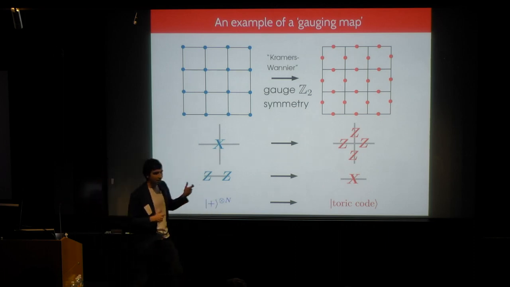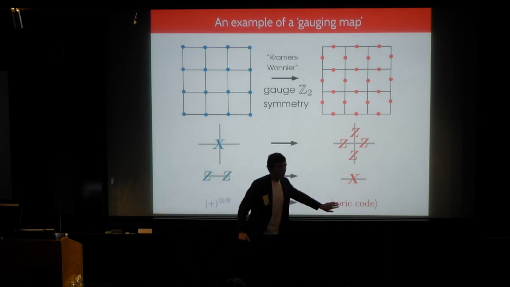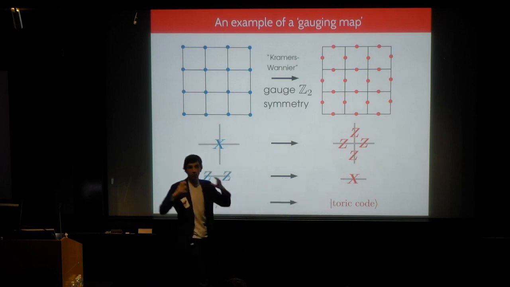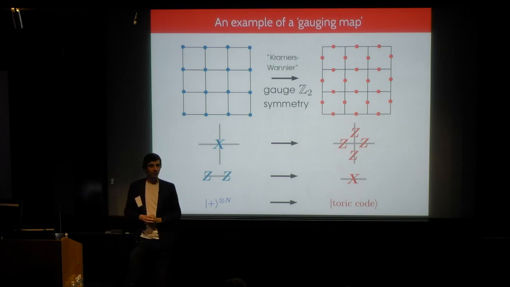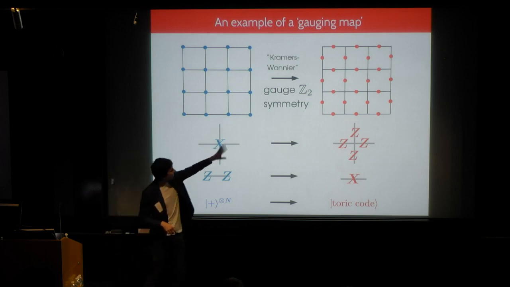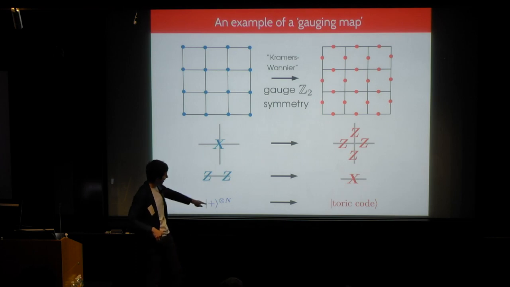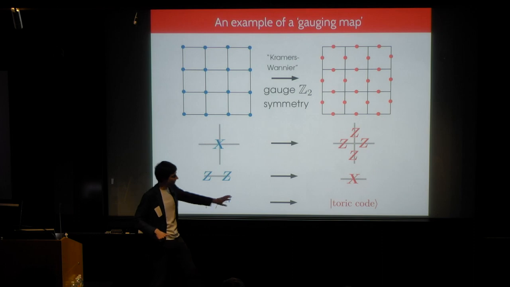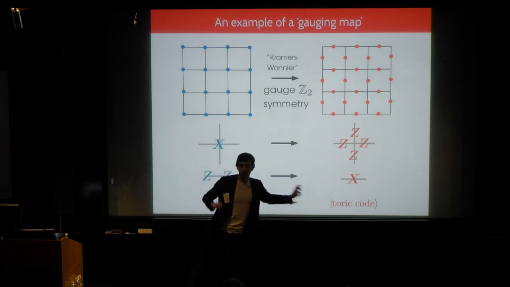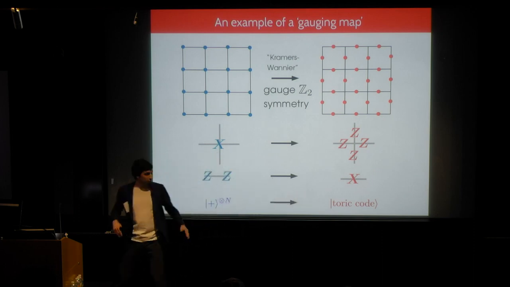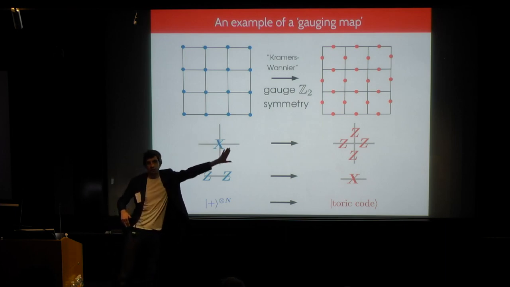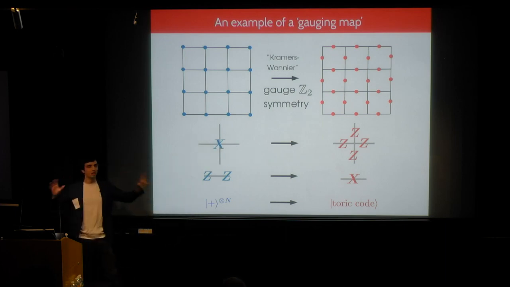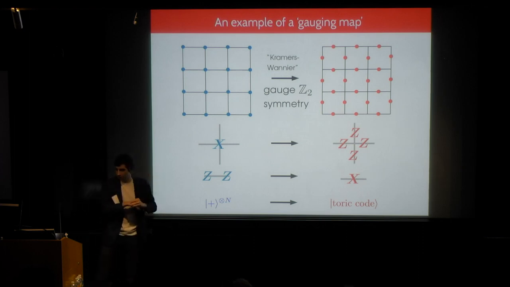Conceptually, this is related to the fact that one way of understanding the toric code is as an emergent Z2 gauge theory, similar to the gauge theories we know from fundamental physics, but for a different gauge symmetry. And indeed, that's related to this as a result of the gauging map. This is a physical symmetry of flipping all the spins, right? It's an eigenstate. And somehow that physical symmetry is morphed into a gauge symmetry. This works for this particular product state, but it works for any wave function you like with that physical symmetry. So it's basically a general map. You can choose any input state.